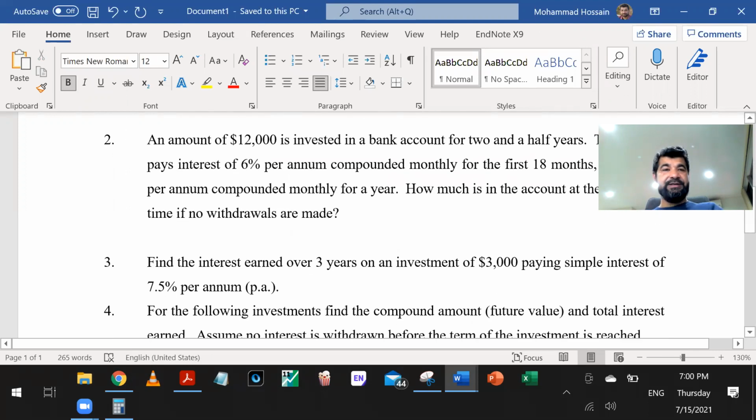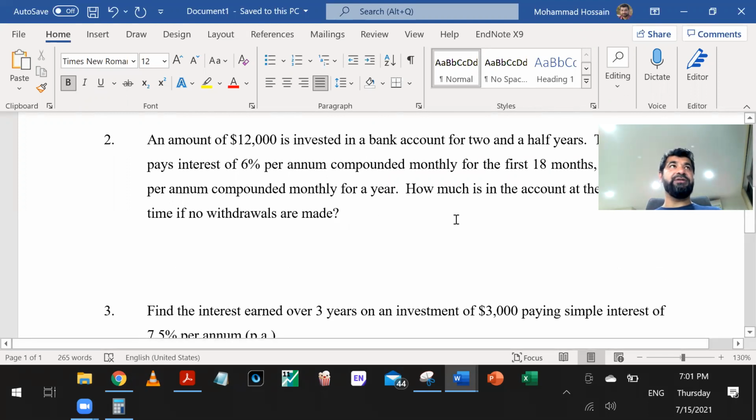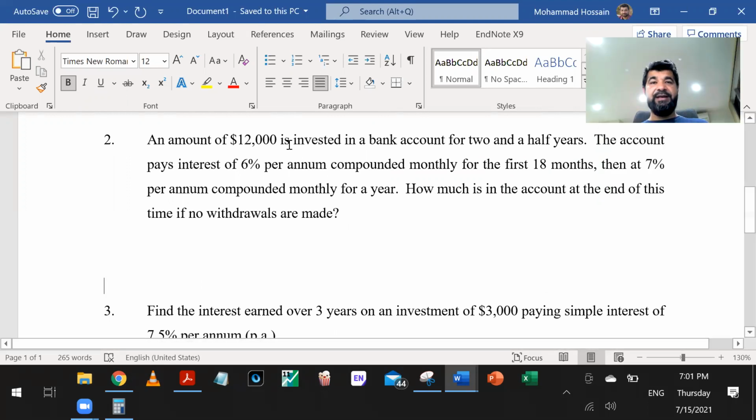The next one is they're talking in here an amount of 12,000. What did they say here? It is invested in a bank account for 2.5 years. The account pays interest of 6% per annum, compounded monthly for the first 18 months, then 7% per annum compounded monthly for 1 year.